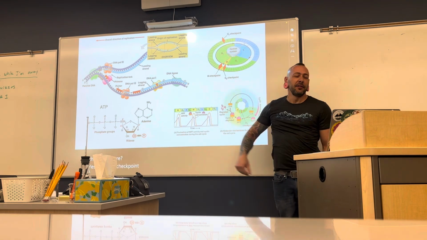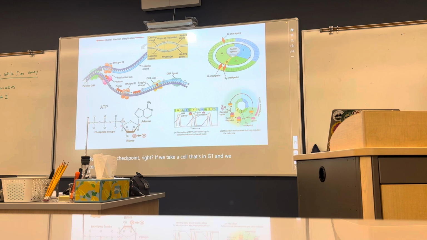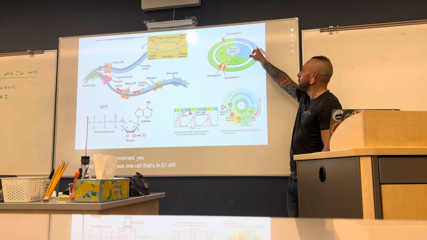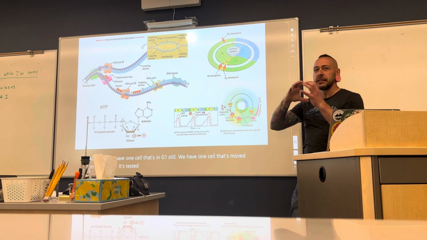If we take a cell that's in G1 and we combine it with a cell that is in S, what will happen? They will be combined, yes. And we have one cell that's in G1 still, and one cell that's moved on to S phase. It's tested at the checkpoint. We fuse those cells together.